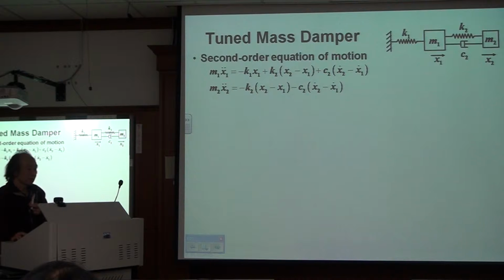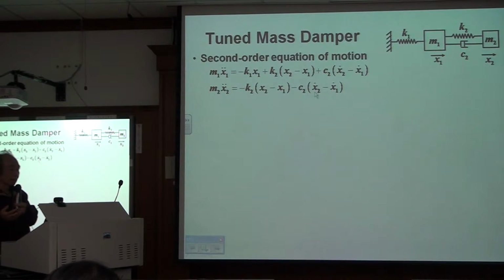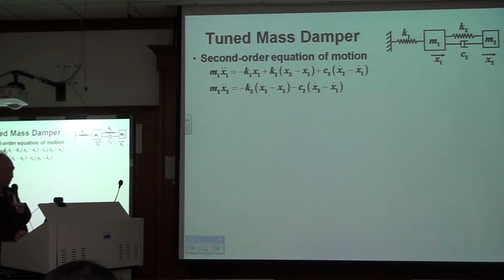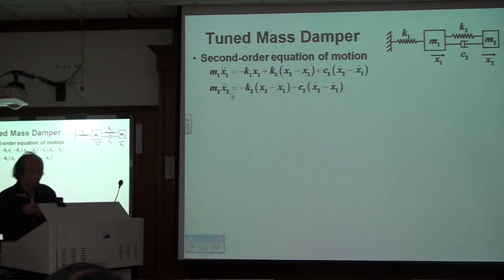This is the equation to represent the system. The first equation gives you the motion of x1, the second order equation of motion. Then the second equation will tell you the x2 displacement, that means the mass M2 and x2.